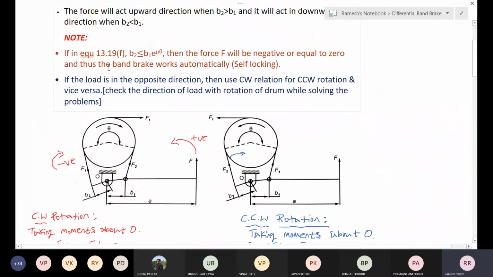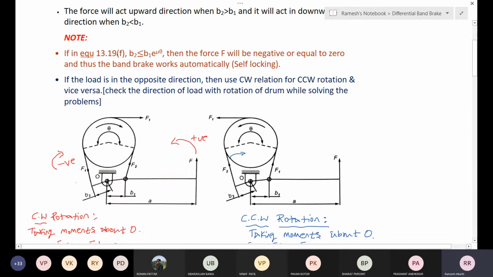Here you can see that there is a note. What do you mean by self-locking, or when does self-locking take place in a differential band brake?